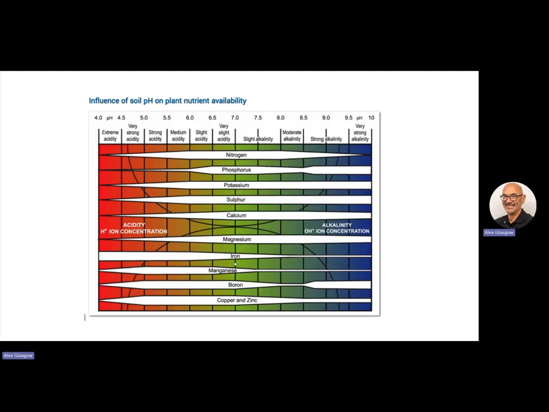is aluminium. Aluminium is not an essential plant nutrient, but it's present in soils, and around neutral pHs, it's all locked up. But aluminium can be toxic to, well, is toxic to a lot of plants. So if the pH drops, aluminium becomes soluble and starts to enter the root zone. And plants that are not adapted to that, such as Poa annua, then are essentially poisoned by the aluminium.